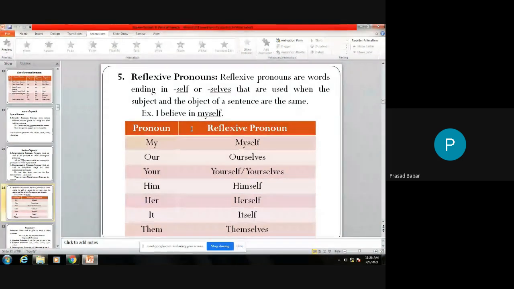He himself is able to do things. We generally say he himself is able to pass that exam. So in this way we can use this type of pronouns. So this is about the reflexive pronouns.